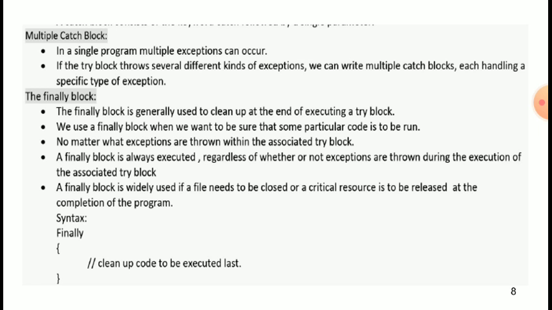A finally block is widely used if a file needs to be closed or a critical resource is to be released at the completion of the program. So that is the syntax for the finally block: finally, starting curly brackets, clean up code to be executed last, and the end of the curly brackets.